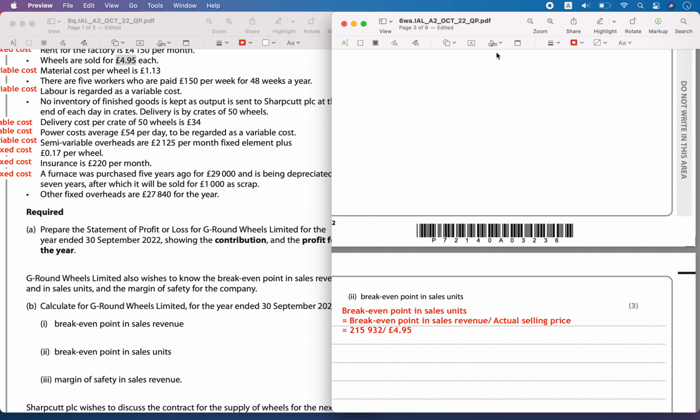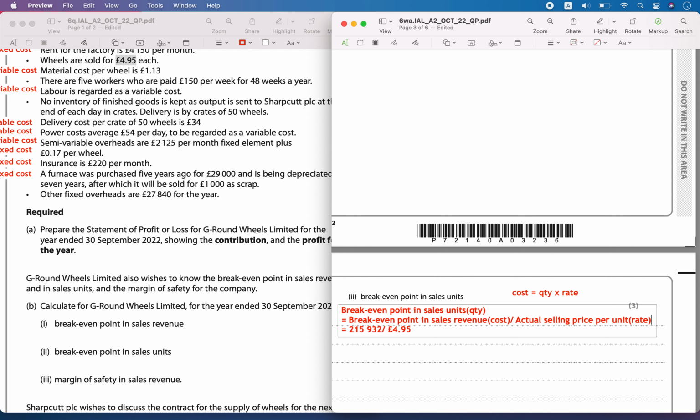So with this we can find it, because this is the formula. You can also consider cost as equal to quantity times the rate. The quantity is the amount I need to sell, this represents the cost, and this represents the rate, the actual selling price per unit.